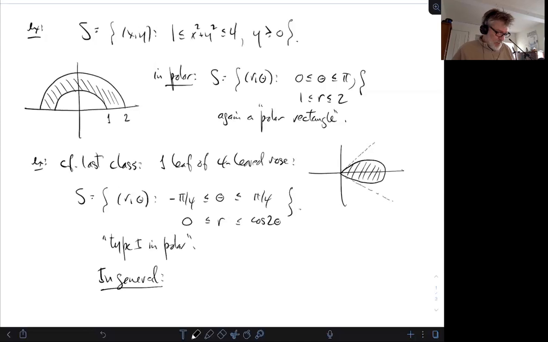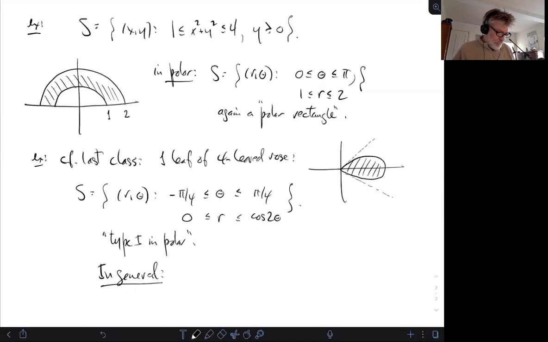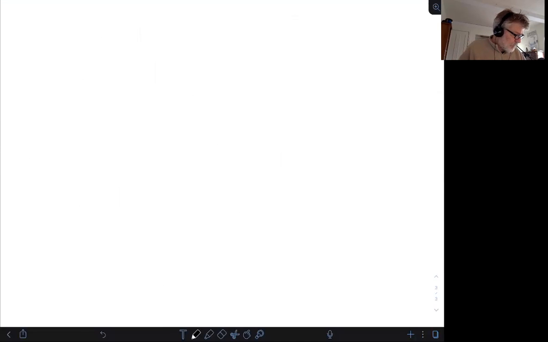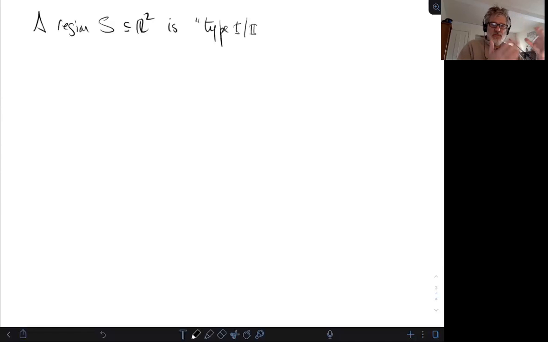In general, here it is. The region S of the plane is type 1, type 2. There's no orientation here. This is in polar coordinates, so it's either type 1 or type 2 or both, right?